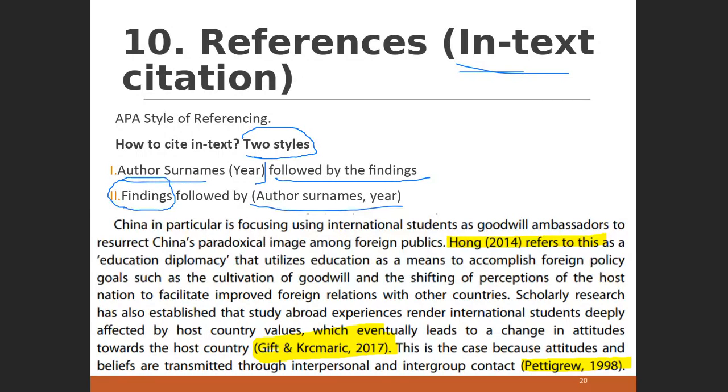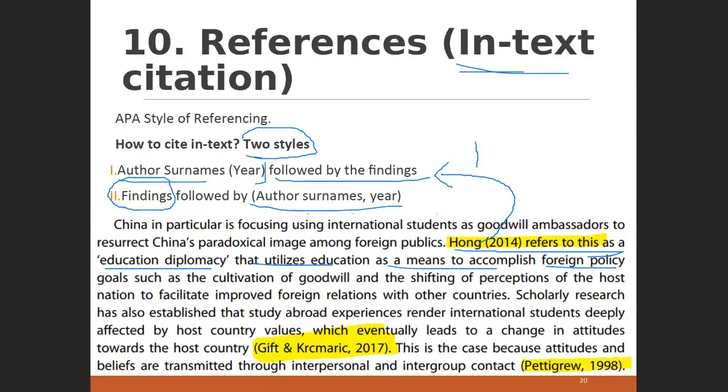For instance, in this particular paragraph, we have used this reference: Hong 2014 refers to this as education diplomacy, etc. In this example, we are using the first style. The author name is mentioned first, the year comes in the bracket, and then we discuss the finding.